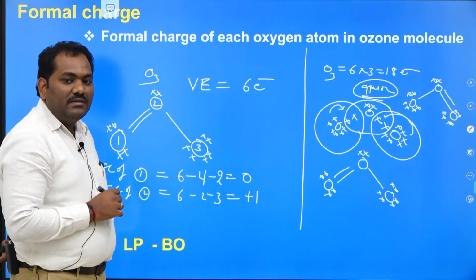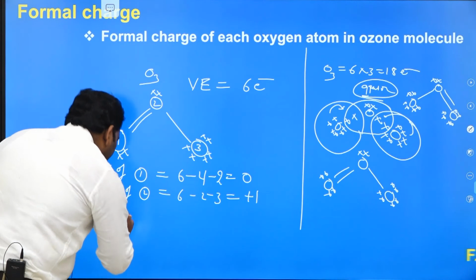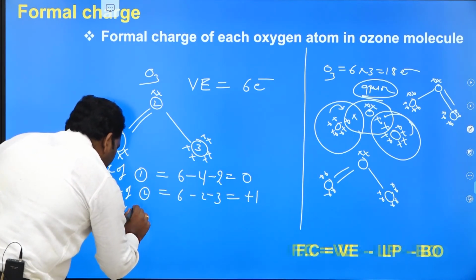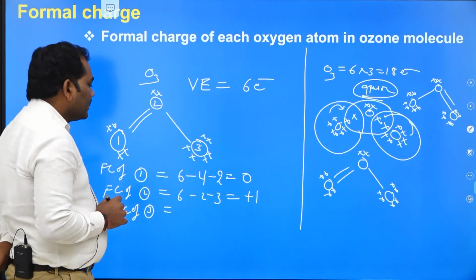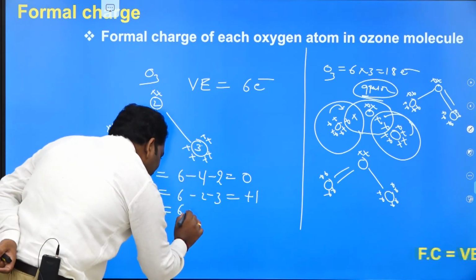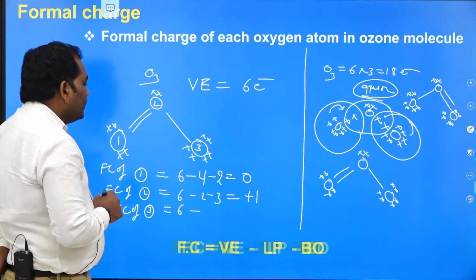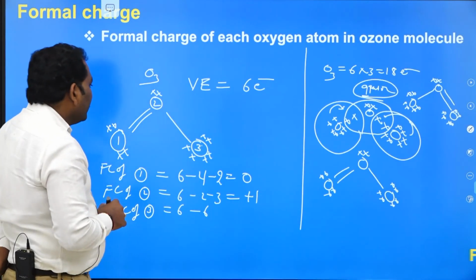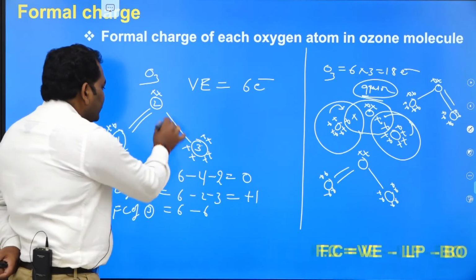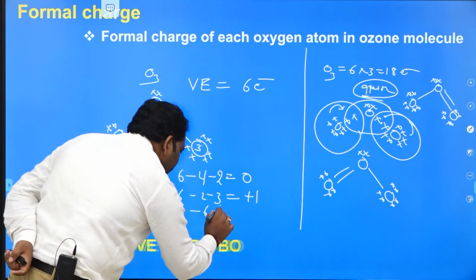Now we can calculate the Fc of the third oxygen of O3. Here the valence electrons is 6, the number of lone pair electrons is 6, and the number of bonds at this oxygen is 1.